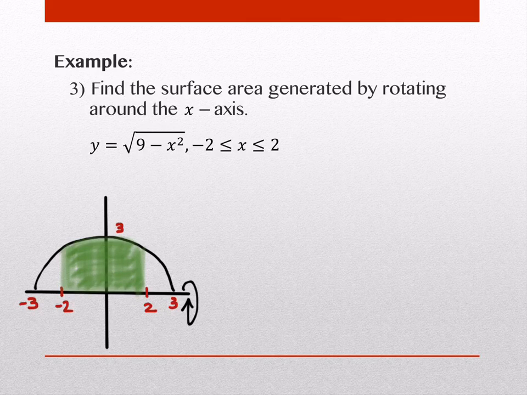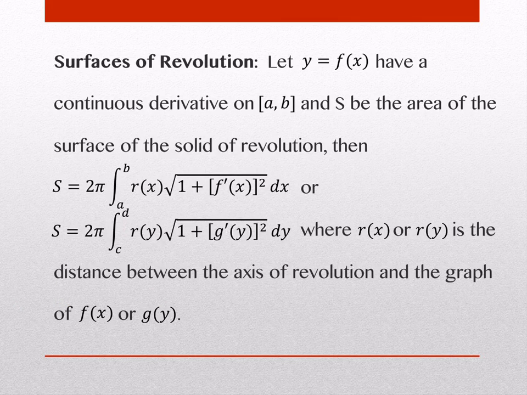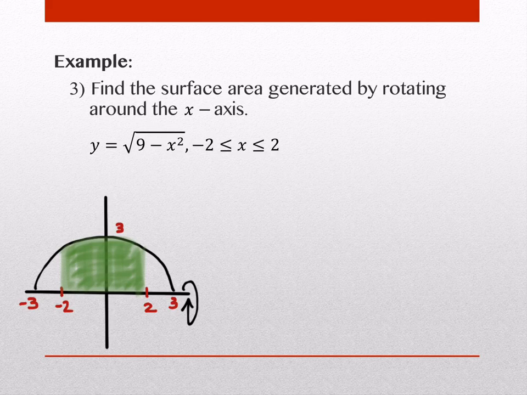All right, so r of y, how is it defined? R of x or r of y is the distance between the axis of revolution and the graph. So what is the distance between the axis of revolution, the x-axis, and the edge of this graph? It's just y, right?